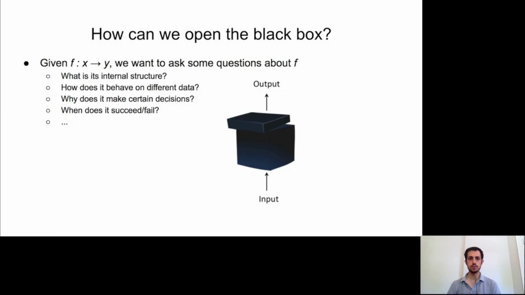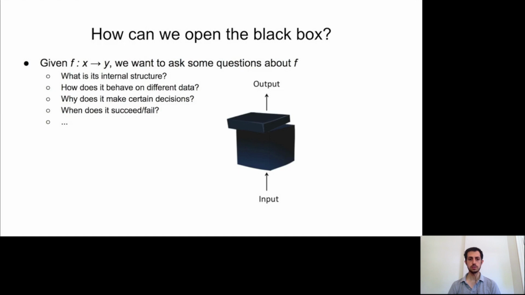Some questions we may ask about this black box, or the function mapping X to Y, are: what is the internal structure of this complicated box? What do different modules or components in this box do? We could also ask how this box behaves.